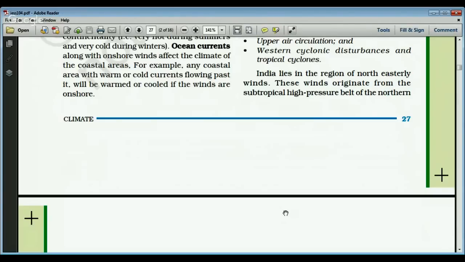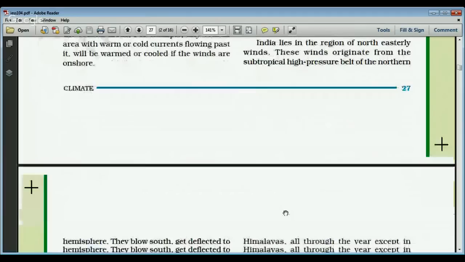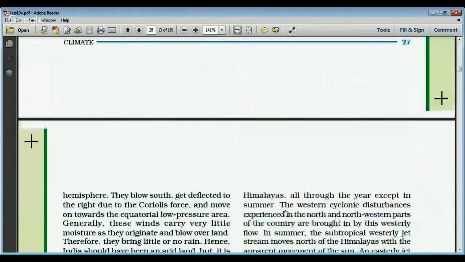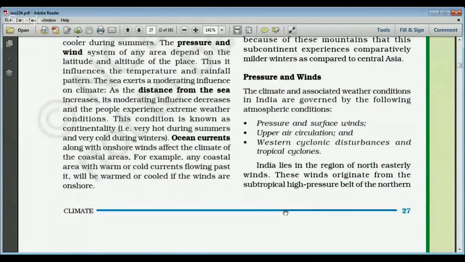At the equator, low pressure is created, then at around 30 degrees north and 30 degrees south, high pressure systems are formed, and then at around 60 degrees north and south, low pressure is formed again. So there are various types of pressure belts present on the earth. We will see all the pressure systems and global winds in the coming videos.